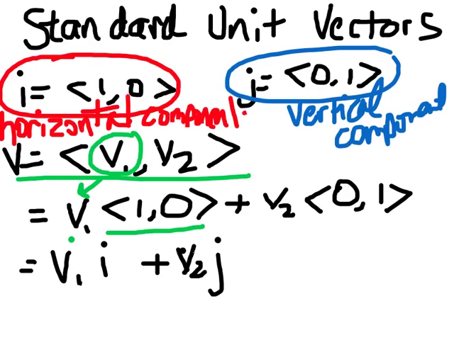And then I can do the same thing with the v2 part over here, let me pick a purple color. That number can just go in front of the vertical component. So when you get done, they call this vertical component i. Look up here where I circled in red, i is equal to 1, 0. So they replace that with an i. Now this is not the imaginary i that you learn in Algebra 2. This is just a different notation.